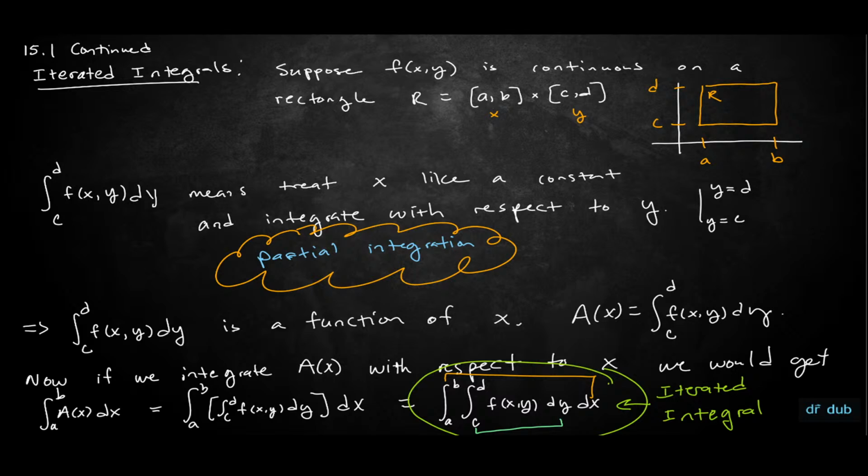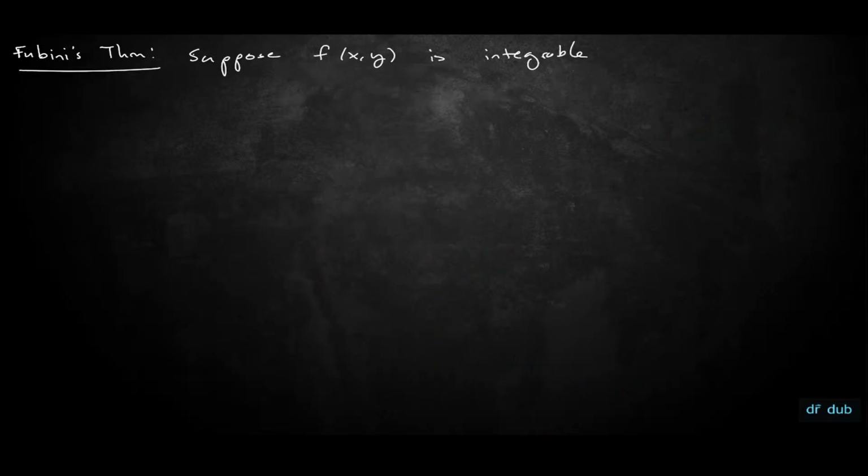Fubini's theorem says, suppose that f of x,y is integrable, which really just means that there's a finite integral as a limit of double Riemann sums.